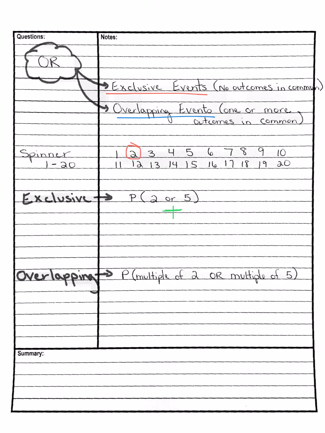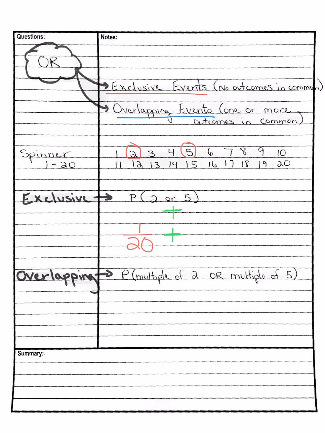If I want to spin a 2, what's the probability of that? Well, it's just 1 out of 20. One of the spots on the spinner has the number 2 on it, and there's 20 total spots. Now when we see that word or, we want to think addition. And now let's talk about the probability of spinning a 5. These are exclusive, meaning no outcomes in common.